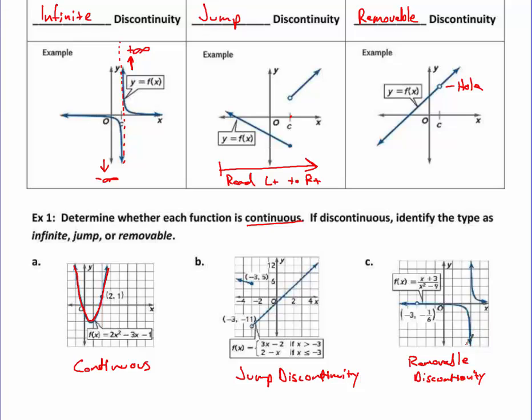And I'm never ever going to get to the next part of this graph unless I go over to positive infinity and start coming back down. So that is an example of an infinite discontinuity. So this function has both. It has a removable discontinuity and an infinite discontinuity.